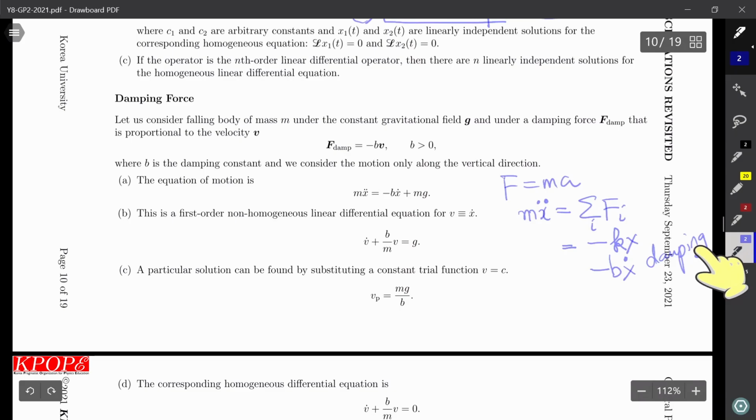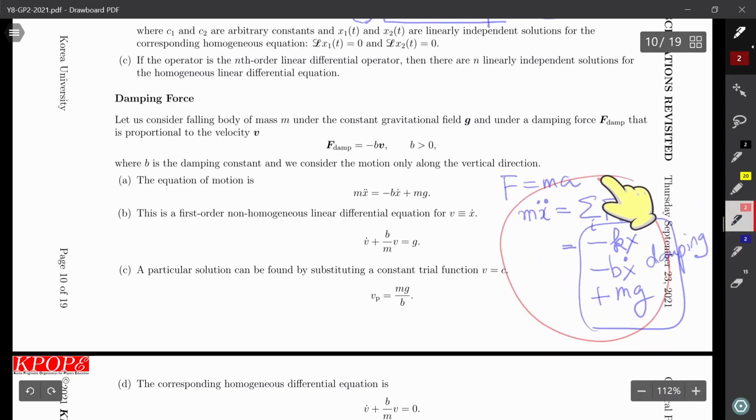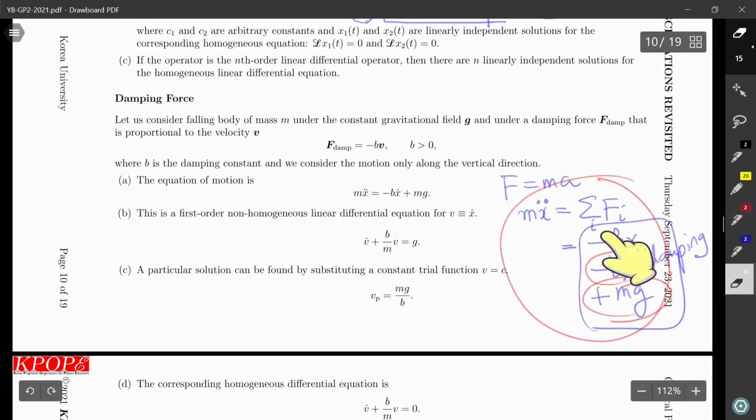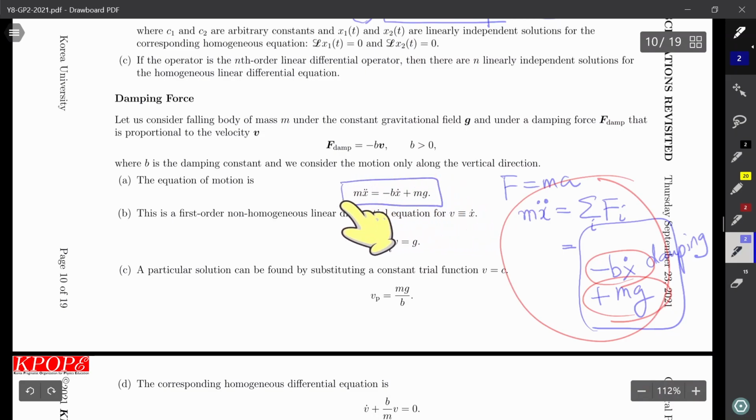And in the non-homogeneous case, plus some, for example, gravitational force. So in this way, we superpose the applied forces to find the equation of motion of a system. In this problem, damping force and constant gravitational force are included, and spring force is omitted. So this is the case we consider.